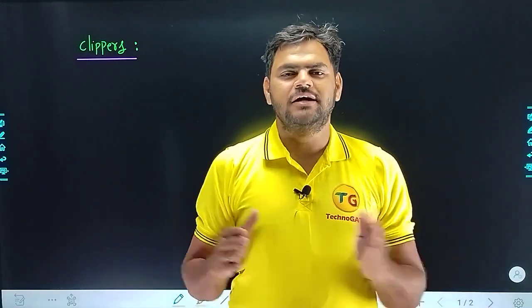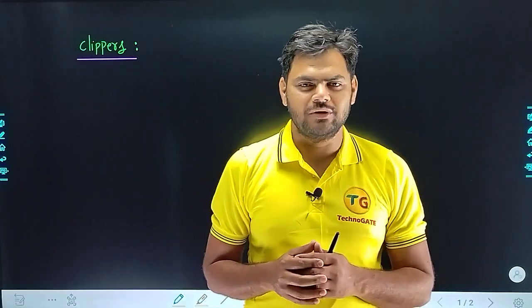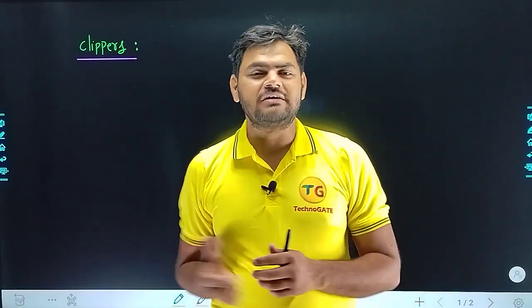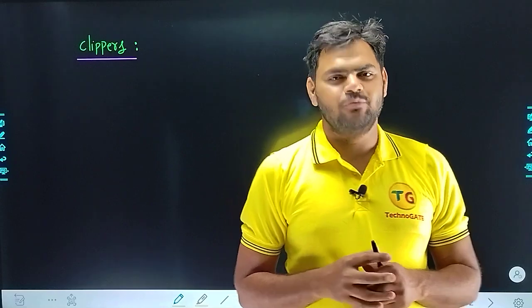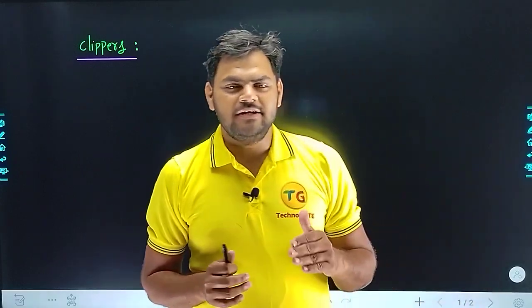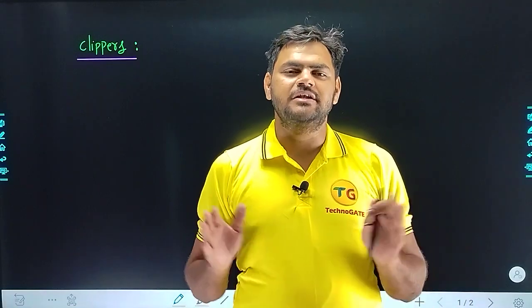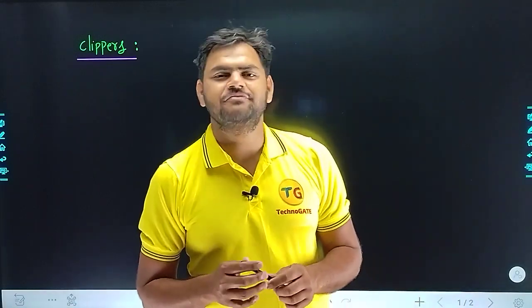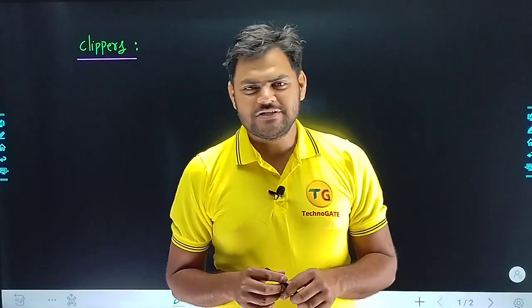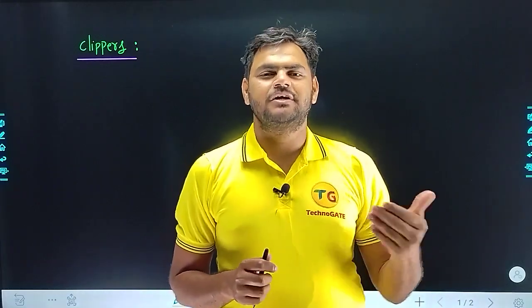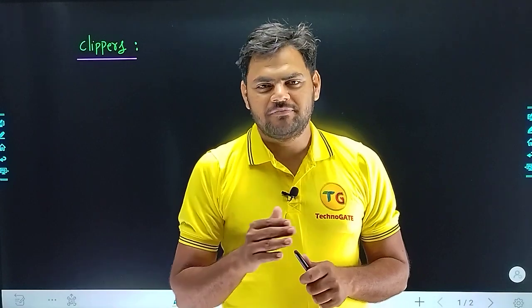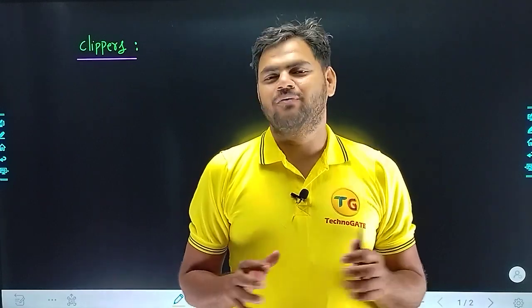For that kind of application we utilize a circuit which can cut or remove the undesired portion of the waveform. The meaning of the word undesired simply depends on the need or application for which we are utilizing the clipper. So for that particular application, that particular section of the waveform is not required.